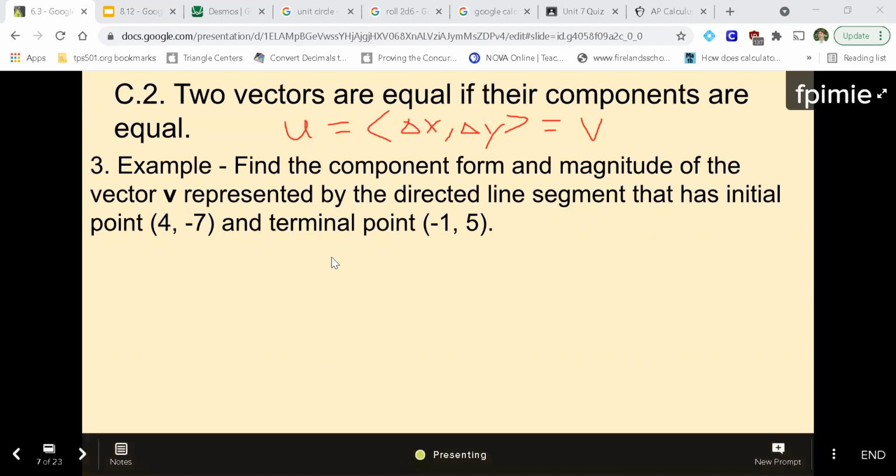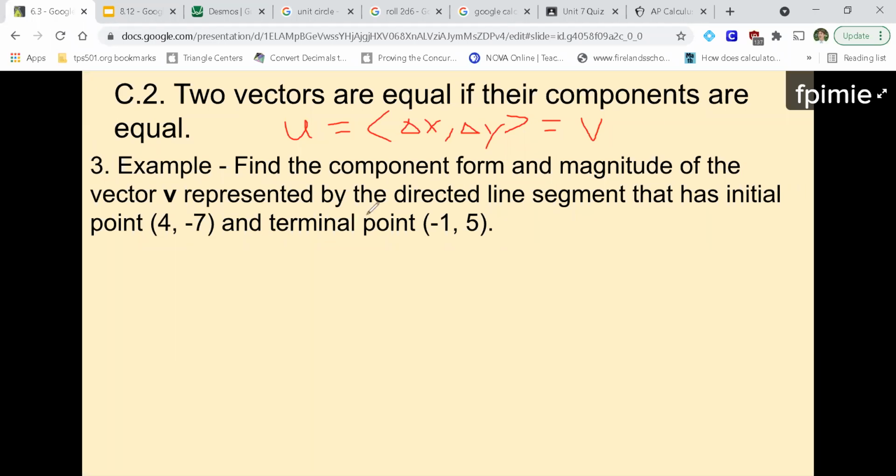So I believe we're going to finish today with this last example. You can do most of the work you need to with vectors if you can convert it to component form first. So let's say we have a vector that goes from (4, -7) to (-1, 5).